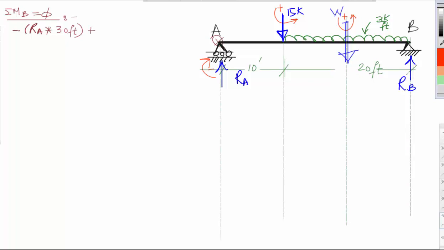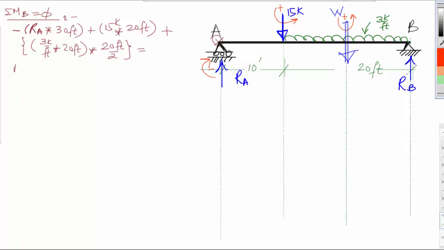Then plus this one is 15 kip multiplied by this distance from here to here, which is 20. Then plus, open curly bracket, the first is W, 3 kips per foot, multiplied by the entire length of 20 feet, multiplied by half of the distance, which is 20 feet divided by 2, is equal to 0.